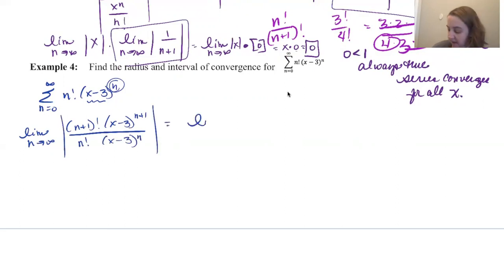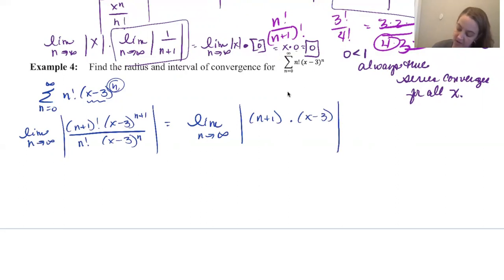So let's simplify this. We'll have n plus 1, and then you'll have an x minus 3. Just double checking my work, those factorials cancel out, and an x minus 3 to the first. Okay. If we put infinity in place of the n, or let's break this apart like I did in the last one.